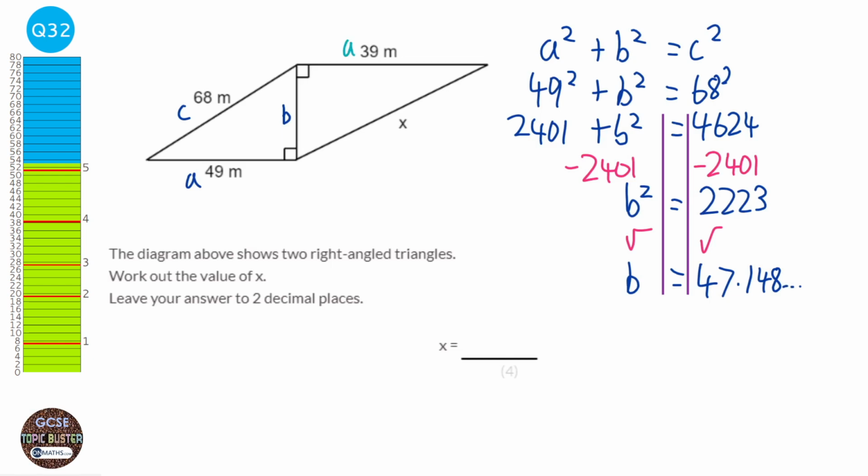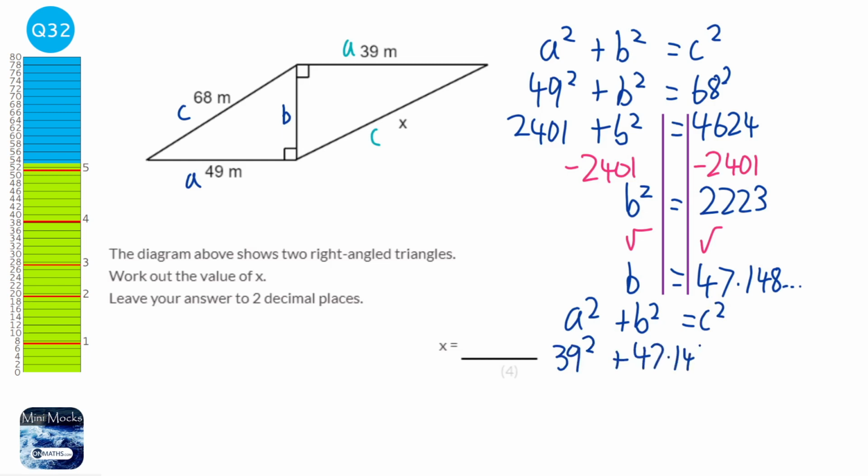Okay, we're now looking at the second diagram. This time we've got our a, we've got our b, and we're going to call x the c. So it'd be a squared plus b squared equals c squared, but this time a is 39. B we are given as 47.148. We've just worked that out, and we're looking for c. In fact, we can call it x now.